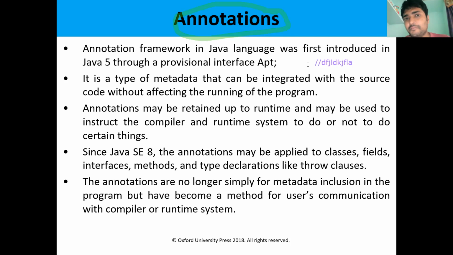But annotation is for compiler understanding or JVM understanding. We write annotations for the compiler, to reduce errors or warnings, to tell the compiler this is the superclass method and this is the subclass method. Like that we can comment on this.